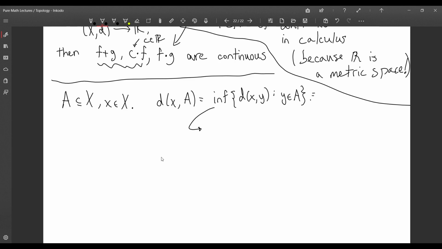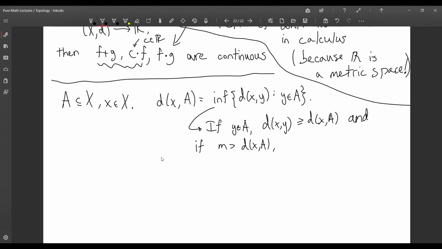This says, if y is in A, then the distance between x and y is always greater than or equal to the distance between x and A. And if m is greater than the distance between x and A, there is some y in A such that the distance between x and y is less than m.